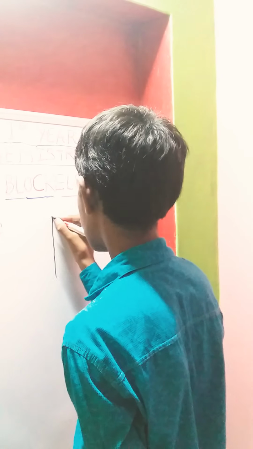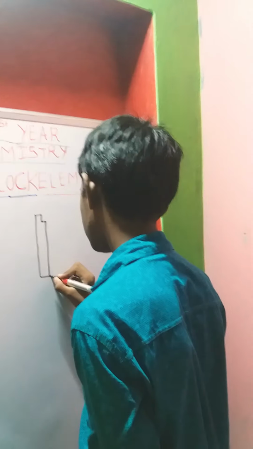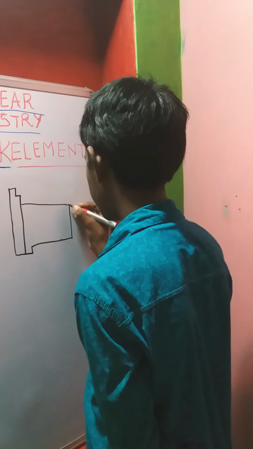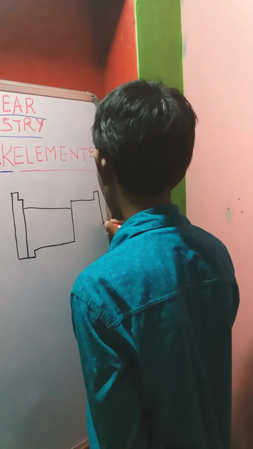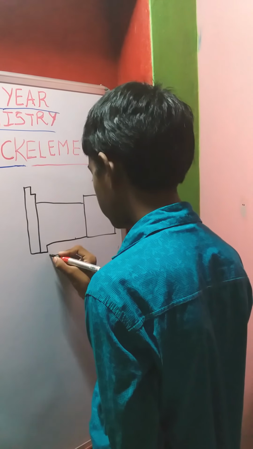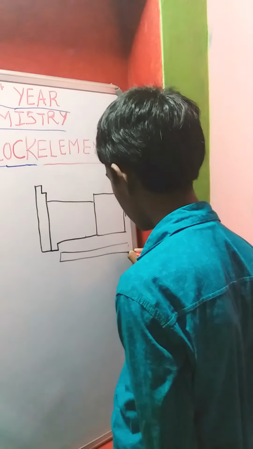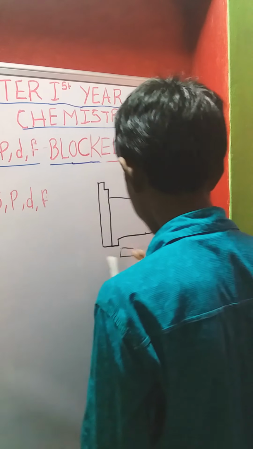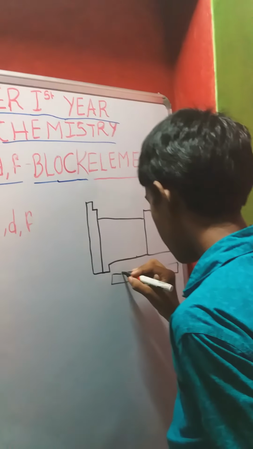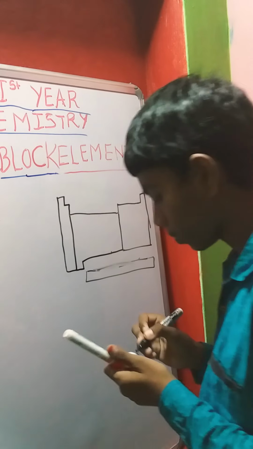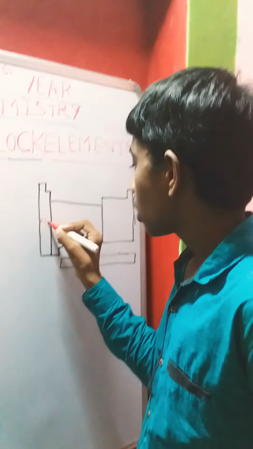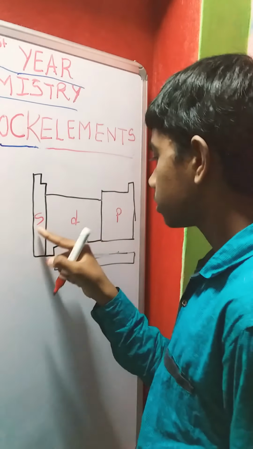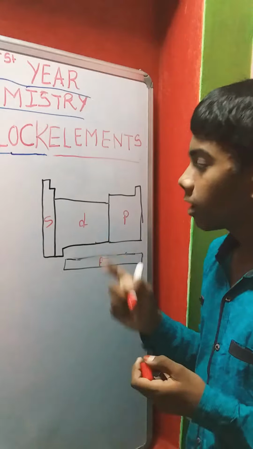Periodic table of SPDF block elements. S block, P block, D block, F block in the periodic table.